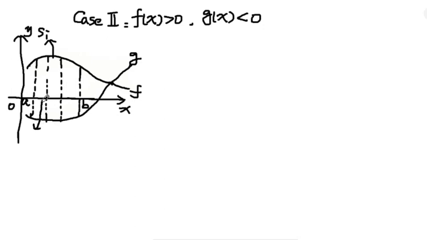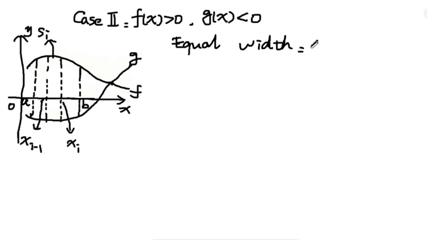In the i-th subinterval, this point will be x_{i-1}, and this point will be x_i, the x values. So it's again equal width for each strip, and that also gives the width for each rectangle. It's the same: delta x equals (b minus a) over n. We have n strips, right?